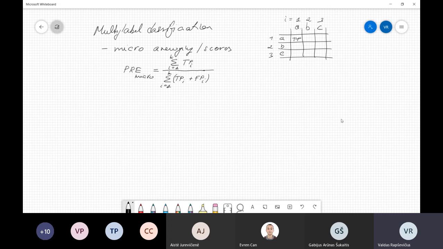You loop over all the classes and calculate these. This kind of aggregation, micro averaging, takes each observation as equal, regardless of which class it is coming from.